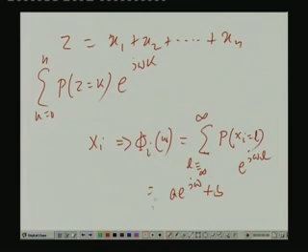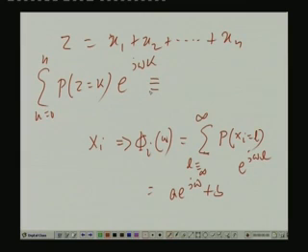And I have to just multiply this probability, this characteristic function. See, this is the characteristic function for the ith random variable, but it is so general that it is independent of i. That means the characteristic function will be the same for all the random variables. So, when I multiply, it is nothing but raising this to the power of n.